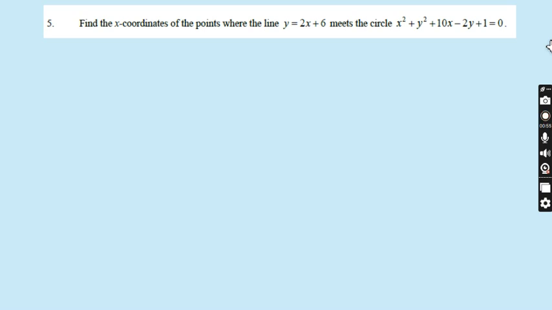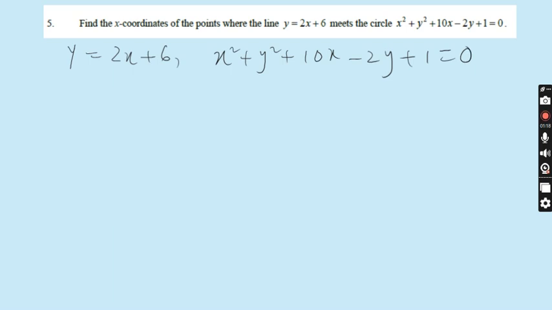Find the x coordinates of the points where the line y equals 2x plus 6 meets the circle x squared plus y squared plus 10x minus 2y plus 1 equals 0.